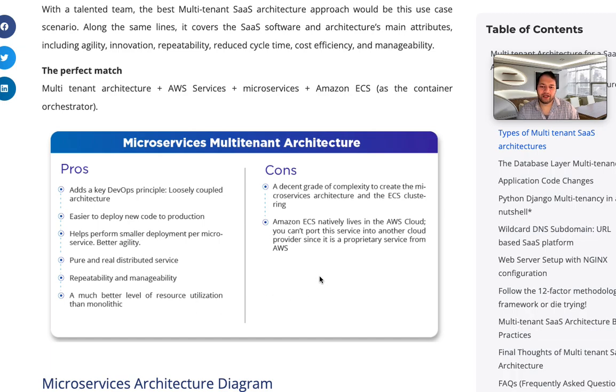Cons are a decent grade of complexity to create the microservices architecture and the ECS clustering. Amazon ECS natively lives in the AWS cloud, so you cannot port this to another cloud provider since it's proprietary to AWS. So the con is really that you do get locked into Amazon and you cannot really move things around, right?